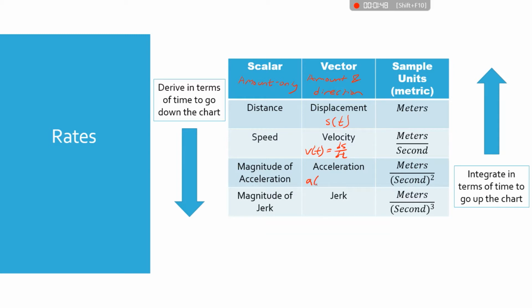Your acceleration at any time, that's a of t, would be equal to the second derivative of s in terms of time, or the derivative of velocity in terms of time, which means the same thing.